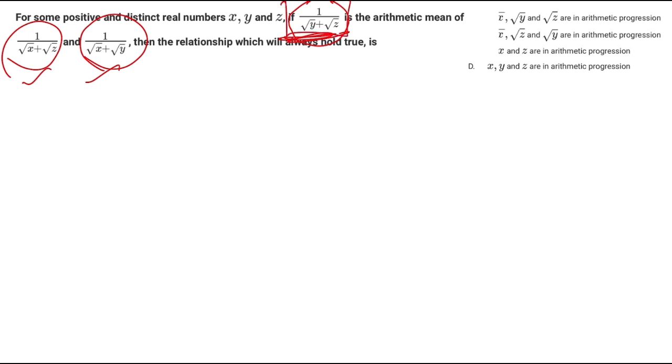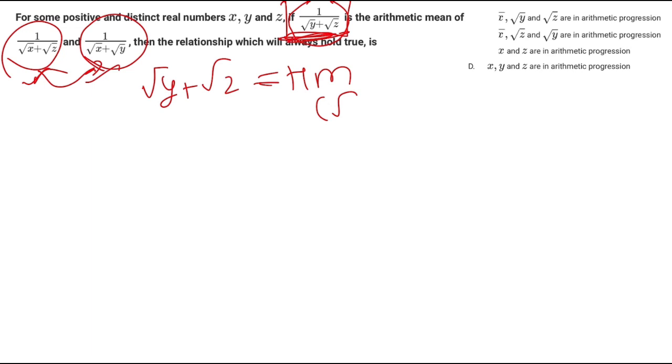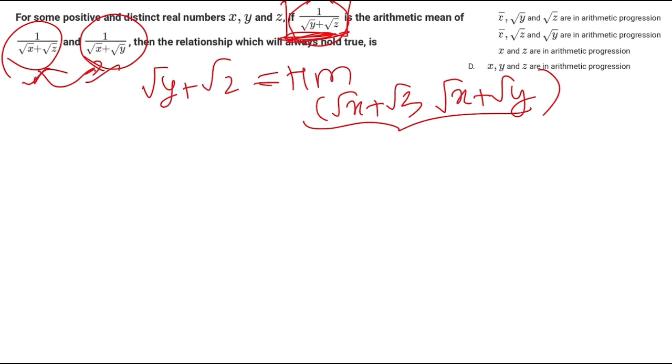So the reciprocal of this term, which is root y plus root z, will be the harmonic mean of the two terms root x plus root z and root x plus root y.